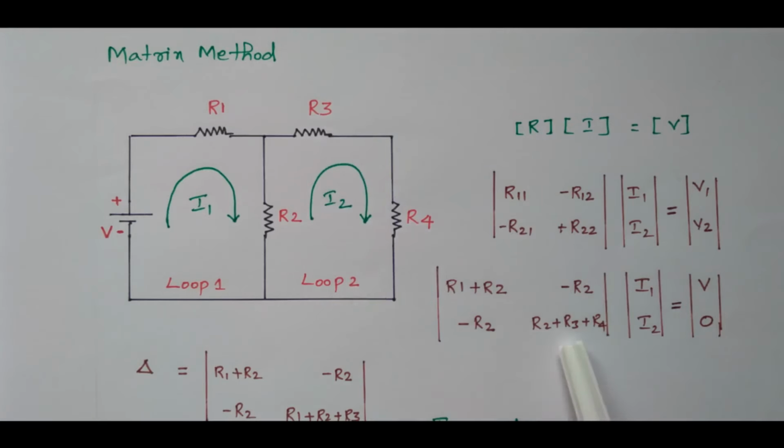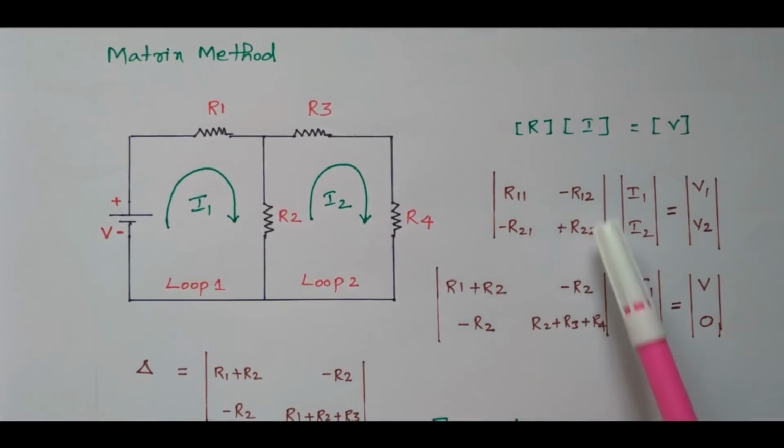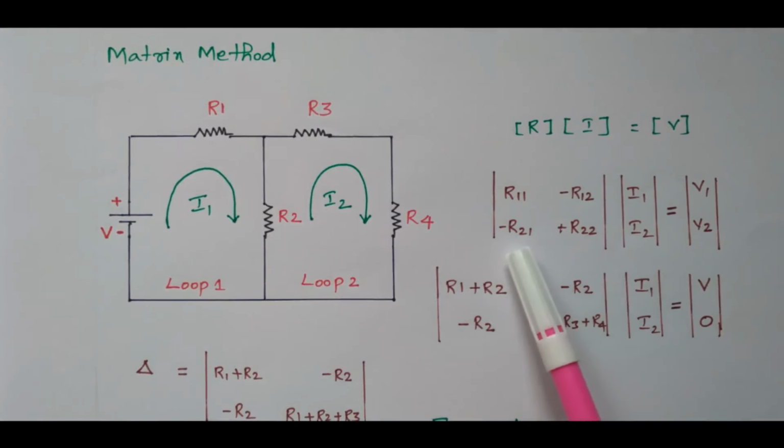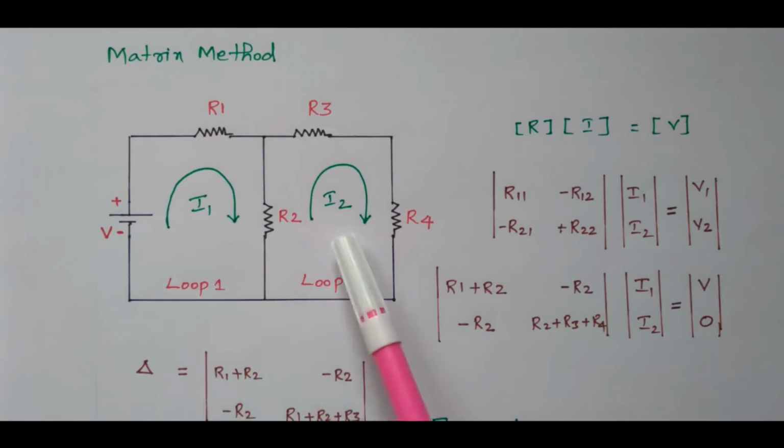So it is very easy to frame the matrix. R11 means total resistor available in loop 1. R22 means total resistor available in loop 2. R12 or R21 means the resistor commonly available between loop 1 and 2. So we can frame the resistance matrix.